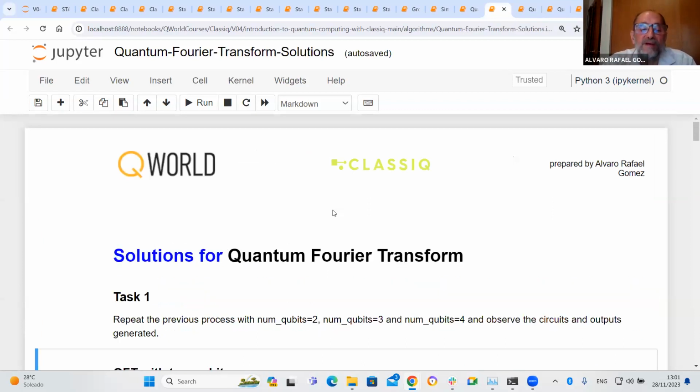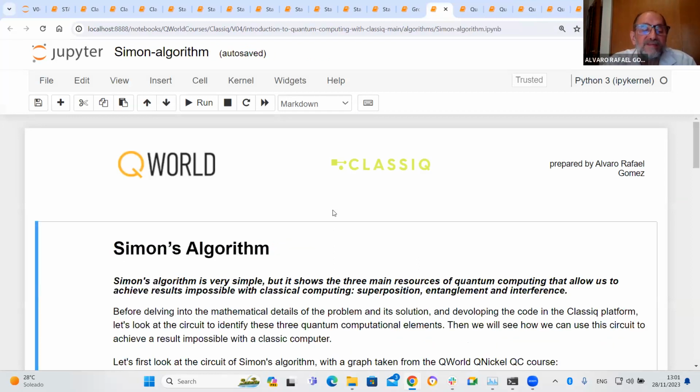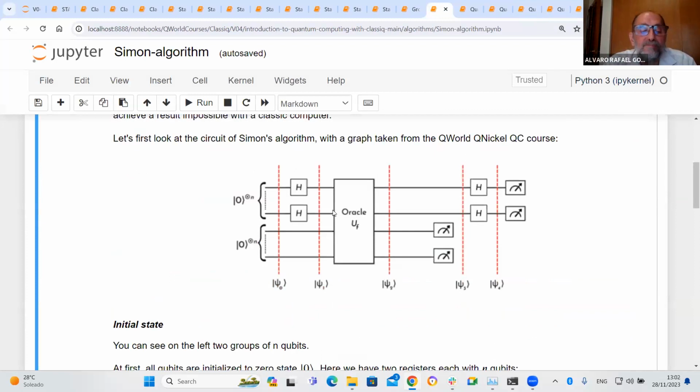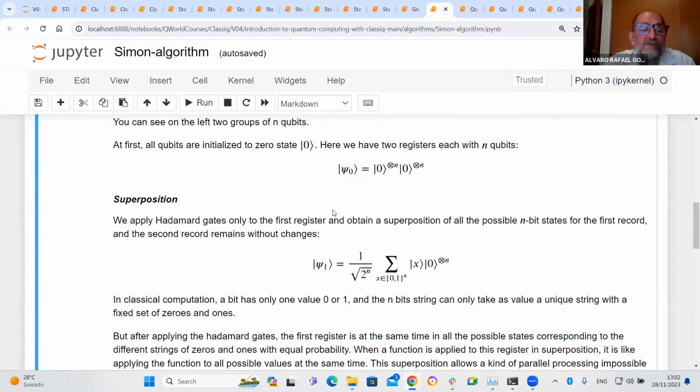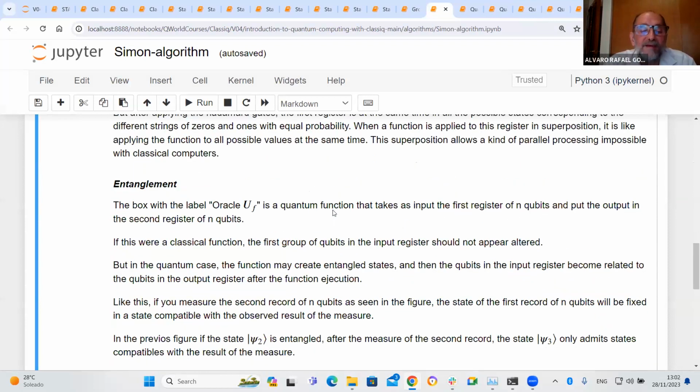Then we come here now. Quantum Fourier transform was last week. The Simon algorithm is new. Here we have a first introduction. The idea is not to show the counts, the numbers, the details.